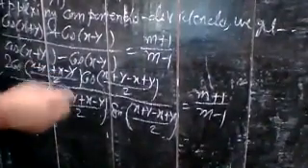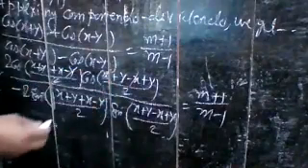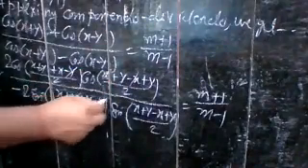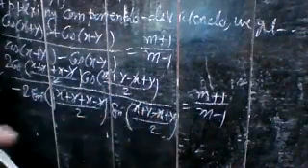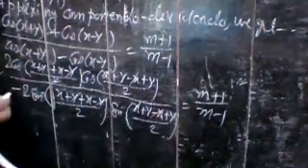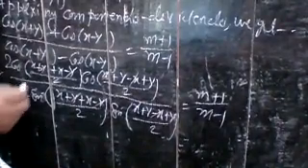Now y cancels out here, x cancels out, here again y and y cancel out, and here x cancels out. Okay, so the remaining term 2 also cancels out.